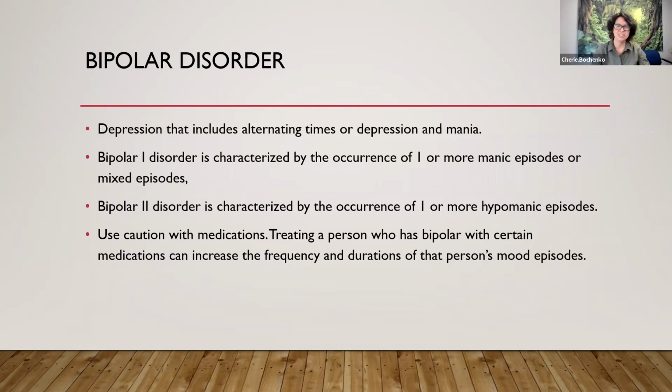And it's important to know the difference, right? Because in bipolar overall, we're going to use caution with medications. We don't want to treat a person with bipolar highs and lows with certain medications, which could actually increase the frequency and duration of the person's mood episodes.